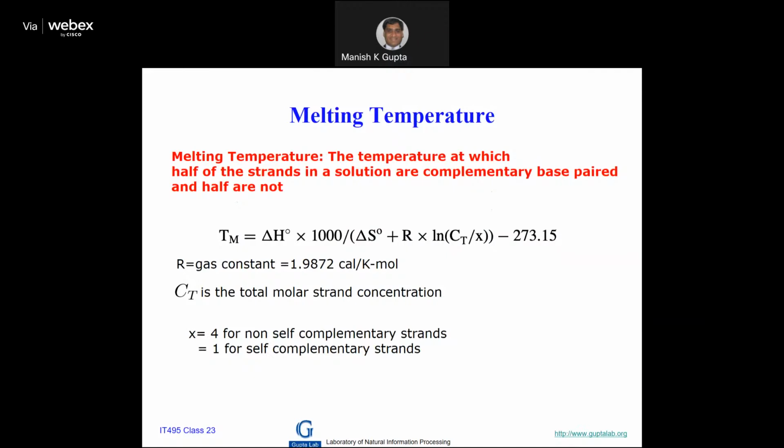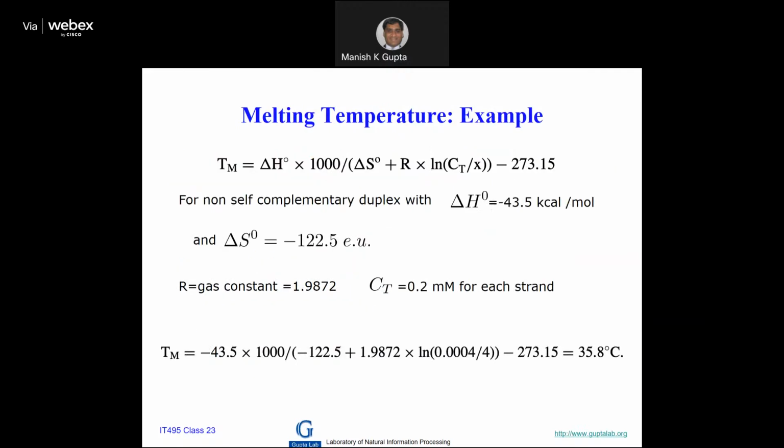No. Anyway, there is also a term x, which is 4 for non-self-complementary strands and 1 for self-complementary strands. Depending upon the strand you are taking, we can compute these things. Melting temperature is a very, very important parameter. So here is a calculation for melting temperature. I think all these values we can substitute and compute the value.